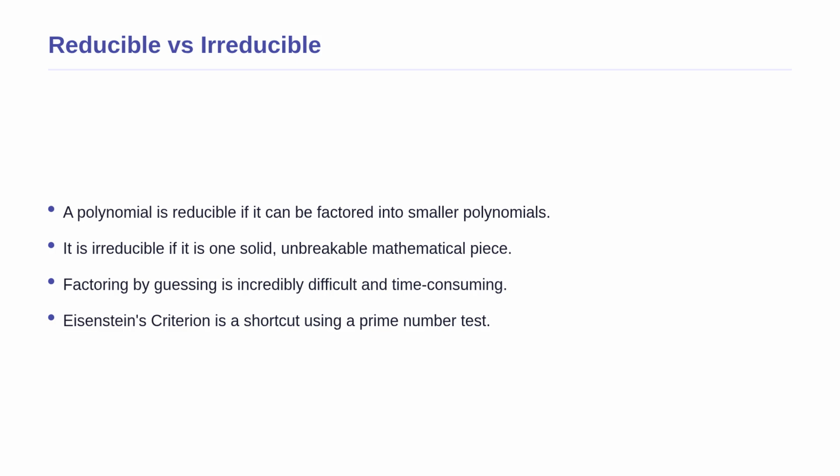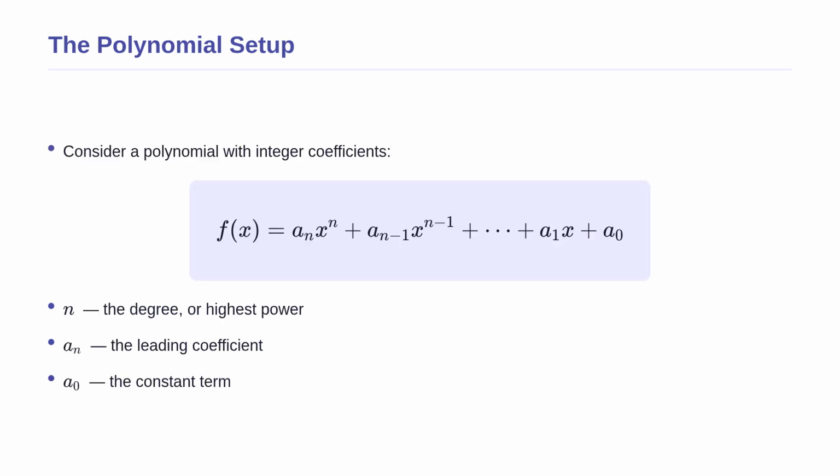Factoring by guessing is incredibly time-consuming. Eisenstein's criterion gives us a brilliant shortcut. It is a specific test using a prime number. If a polynomial passes this test, we can guarantee with absolute certainty that it cannot be factored over the rational numbers.